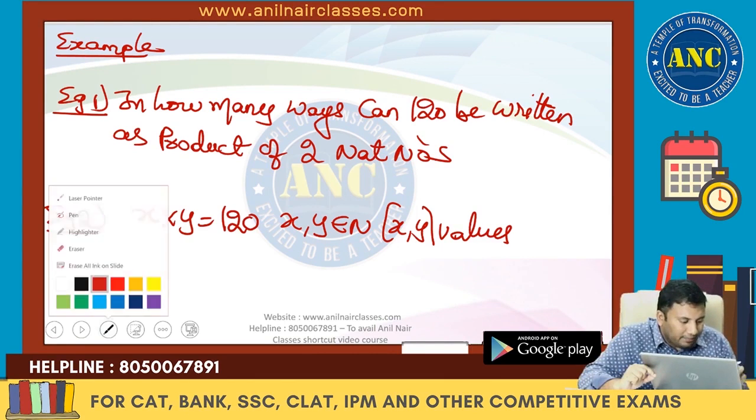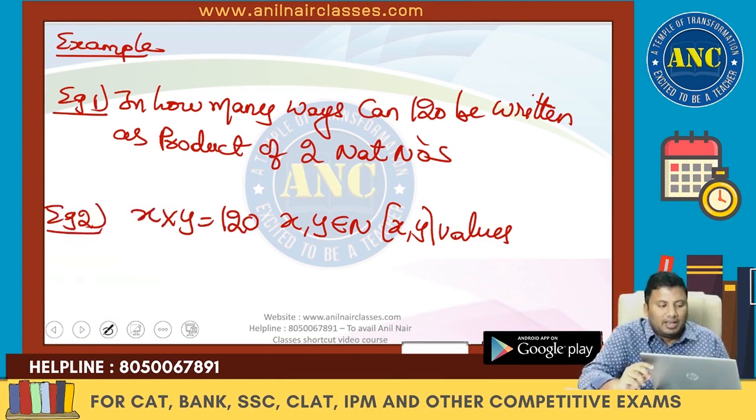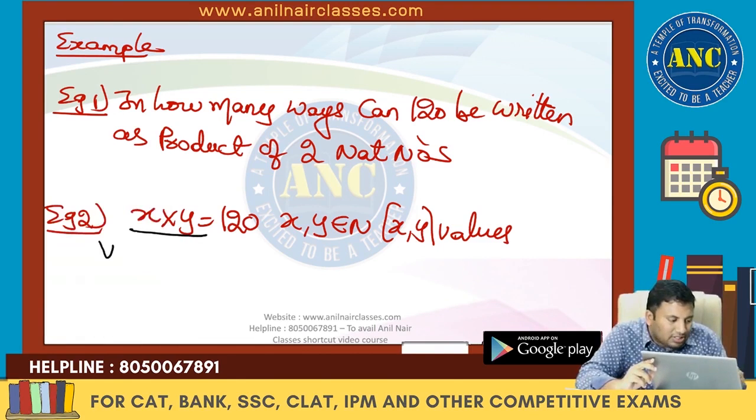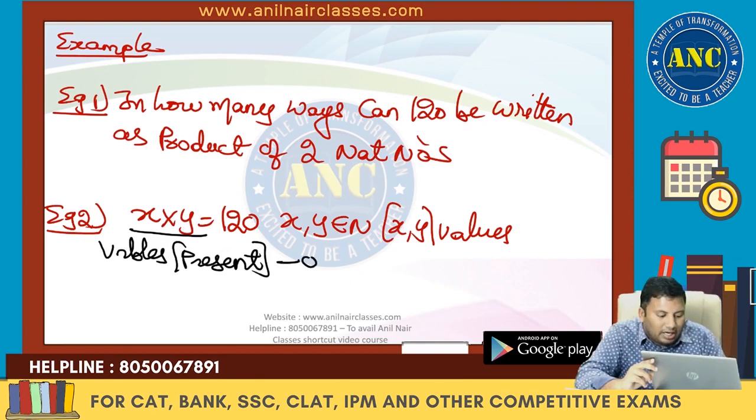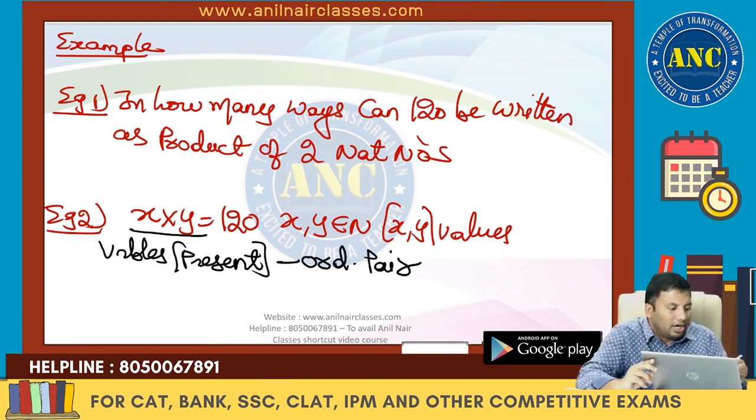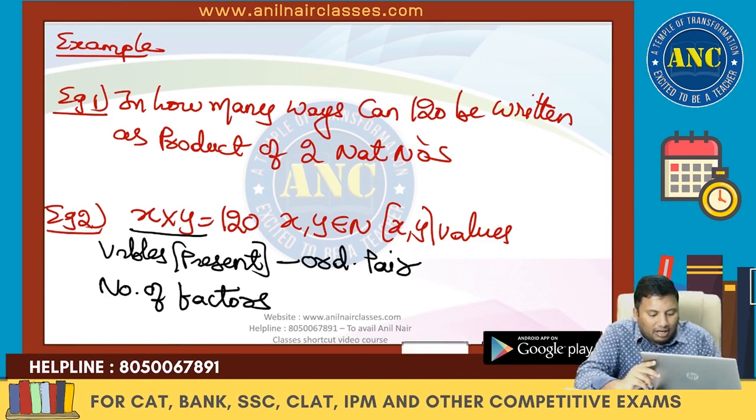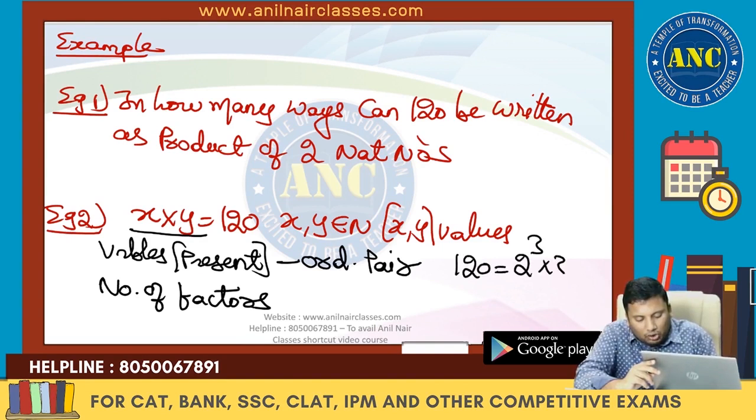Now, see here. Listen carefully. First think, variables are present in this question. If variables are present in this question, it is an ordered pair. If it is an ordered pair, it is nothing but the number of factors. 120 is 2 cube into 3 power 1 into 5 power 1.